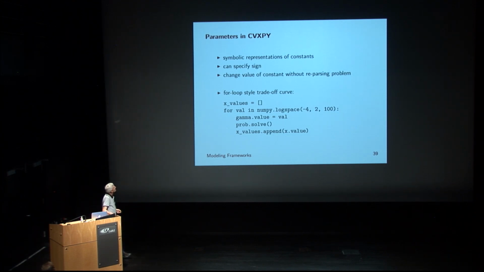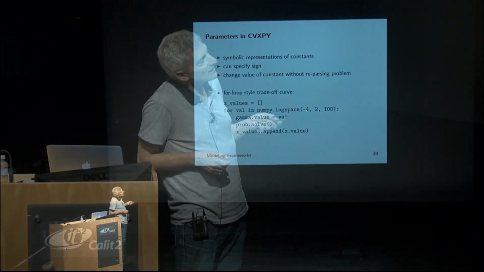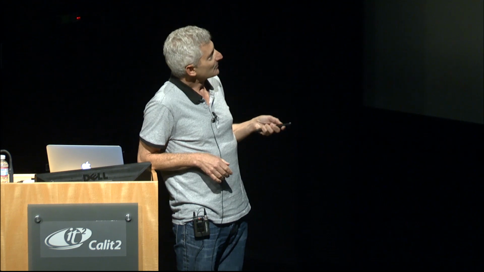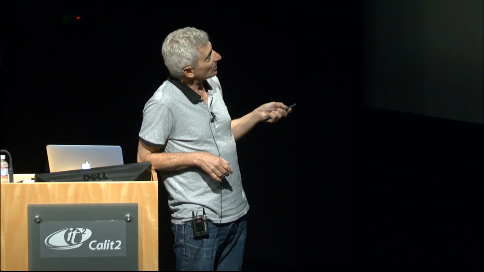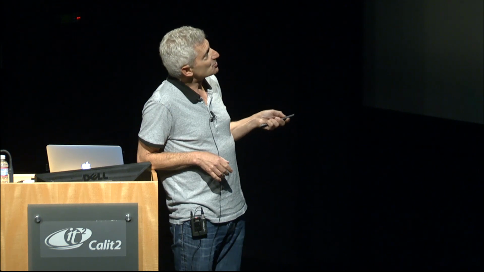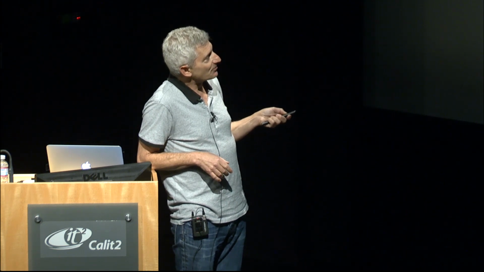Okay. So the idea is you make a parameter, and then you could do something like this. This would be a very simple way to make a trade-off curve. You're using the NumPy package, and this says make me 100 values from 1e-4 to 100. Then it sets gamma.value, that's the parameter in here. Then you solve the problem.